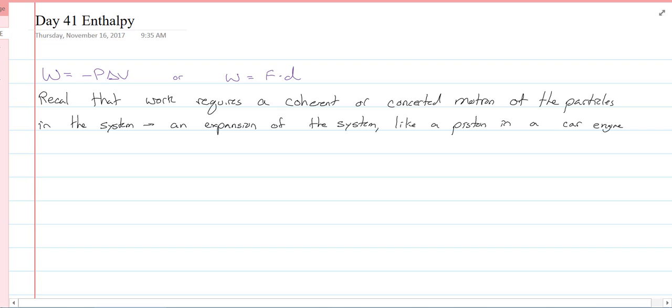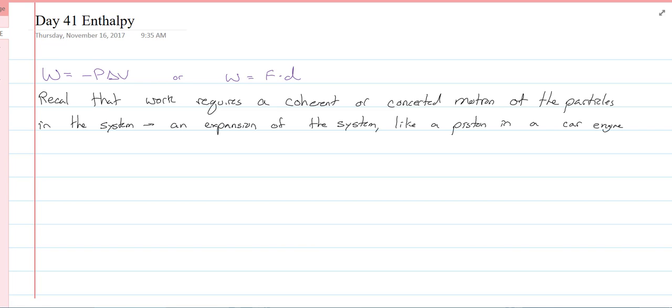So when the piston is driven, most of the cases, I believe they're driven down, the volume of gas in the cylinder expands, and that expansion drives that piston down, and that's how the work is done. It's very organized motion.